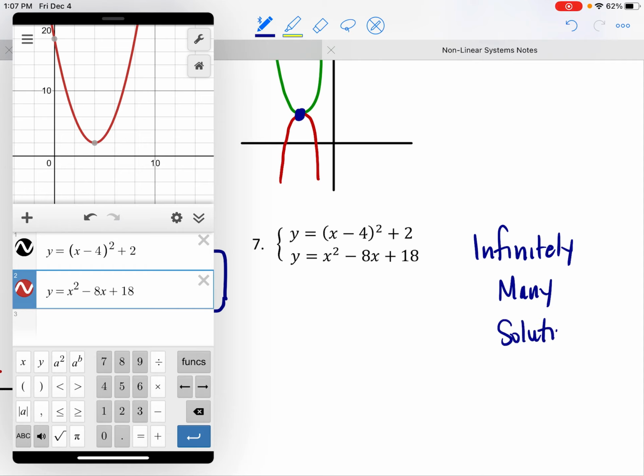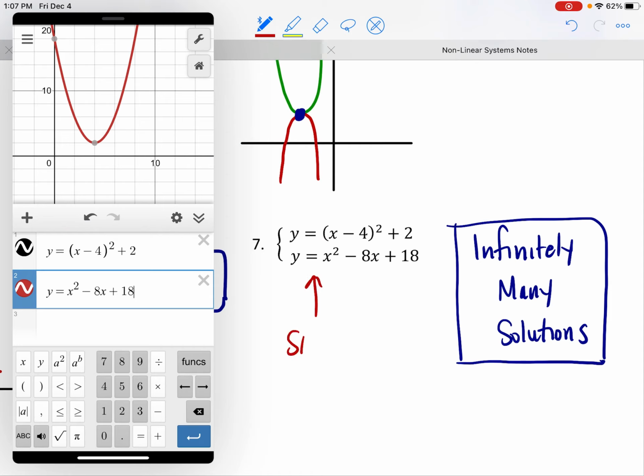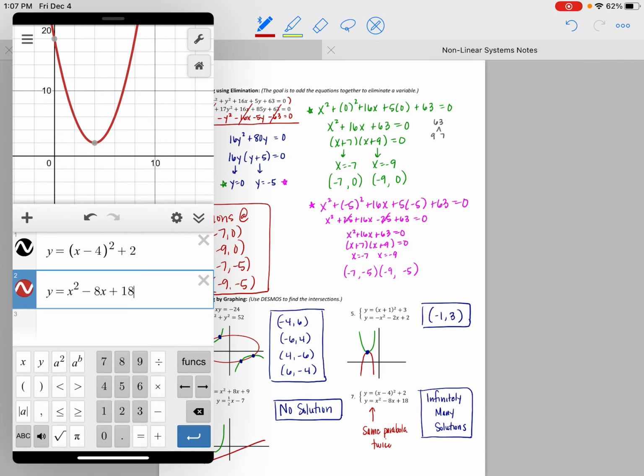Okay? And remember, that's called a dependent system. The no solution one, that's called an inconsistent system. But this is the same parabola twice.